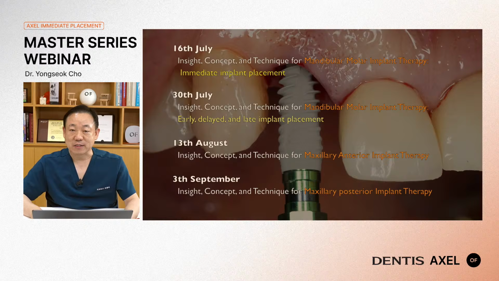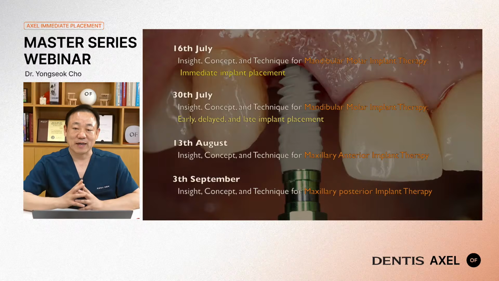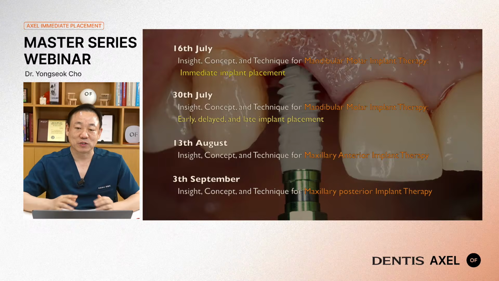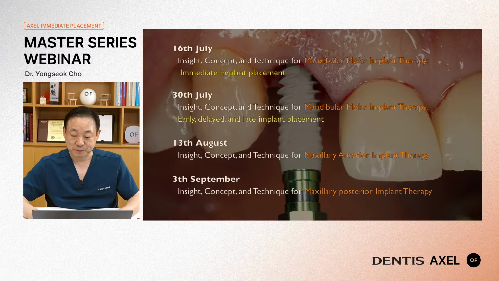Today it is immediate implant in mandibular molar, and next time, early, delayed, and late implant at mandibular molars. The third topic is insight, concept, and technique for the maxillary anterior region. And the last topic will be insight, concept, and technique for maxillary posterior implant therapy.